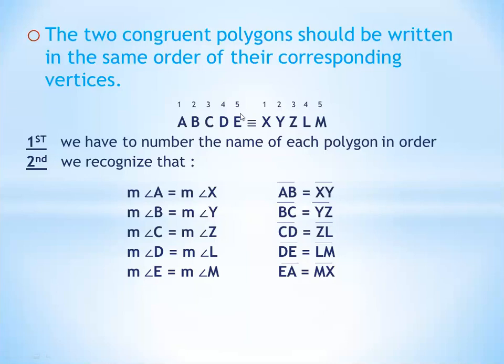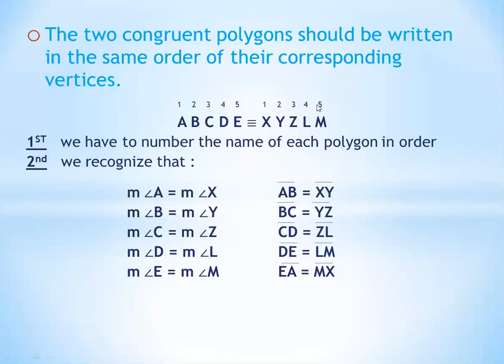There's another side, which is EA, which is 5, 1. So we have to say it in the same order, 5, 1, so EA is equal to MX. What if I said EA is equal to XM? It's wrong because EA is 5, 1 and XM is 1, 5.